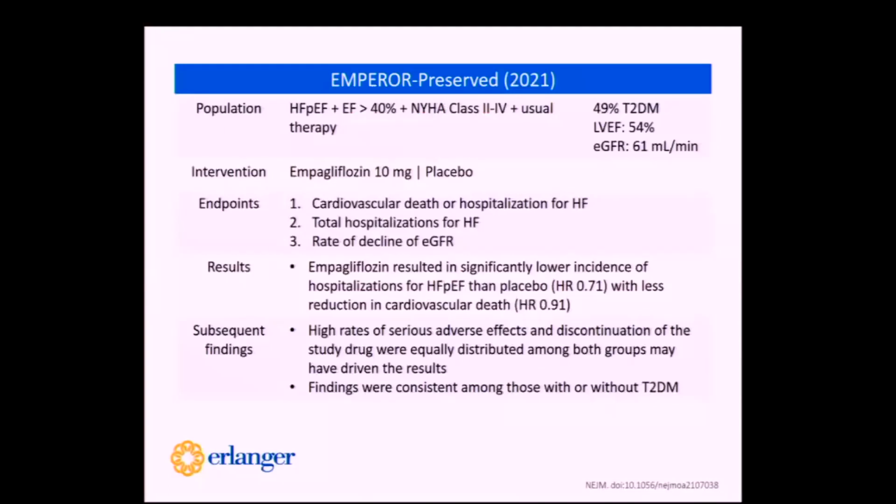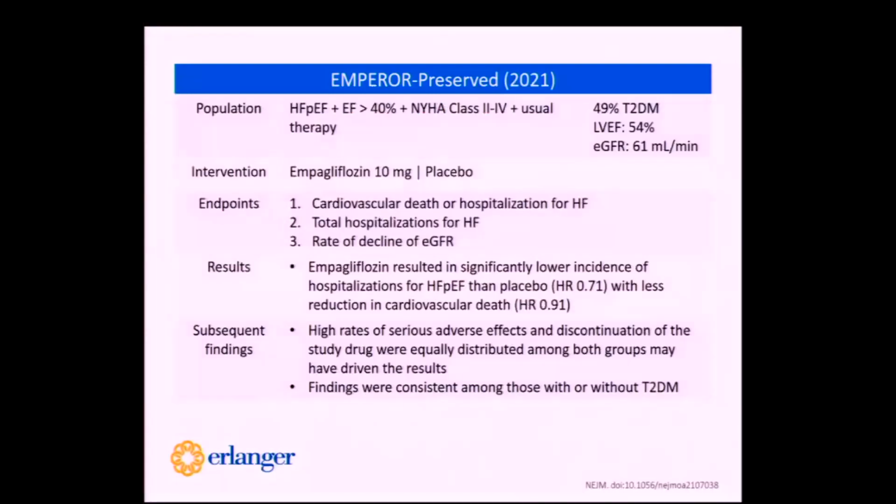So EMPEROR-Preserved looked at empagliflozin 10 milligrams versus placebo, specifically looking at cardiovascular death or hospitalizations for heart failure. So again, consistent with those endpoints of previous heart failure trials. They also wanted to look at total number of hospitalizations for heart failure and rate of decline of eGFR. So this is pretty identical to EMPEROR-Reduced, just a little bit different patient population.